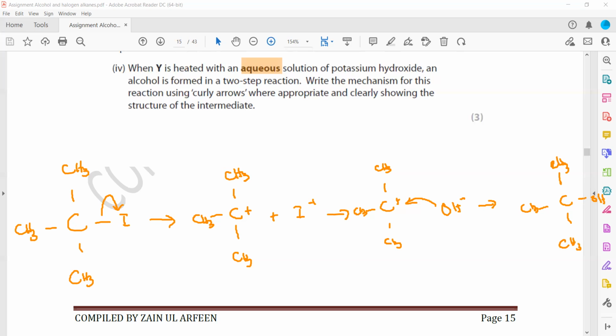So in this reaction mechanism, the arrow from the carbon-iodine bond to iodine will give you 1 mark. The correct structure of the carbocation gives you another mark. Then the arrow from OH-, because arrows are always drawn from the electron-rich side to the electron-deficient side. Is it clear, this mechanism for substitution?